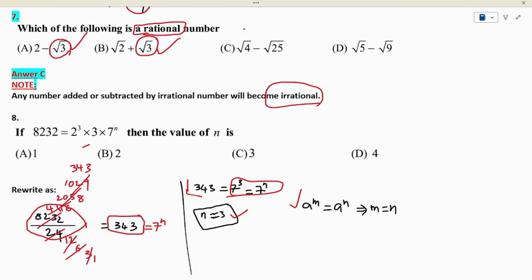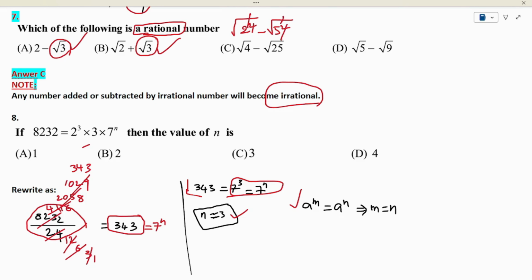But in the case of option C, I can write square root of 4 as square root of 2 square, minus square root of 25, and I can write square root of 25 as square root of 5 square.